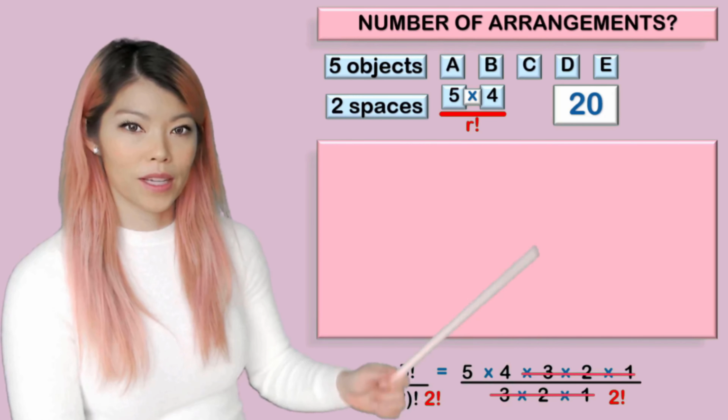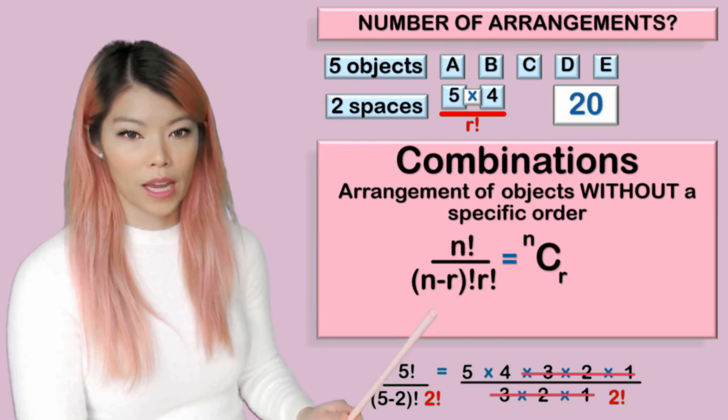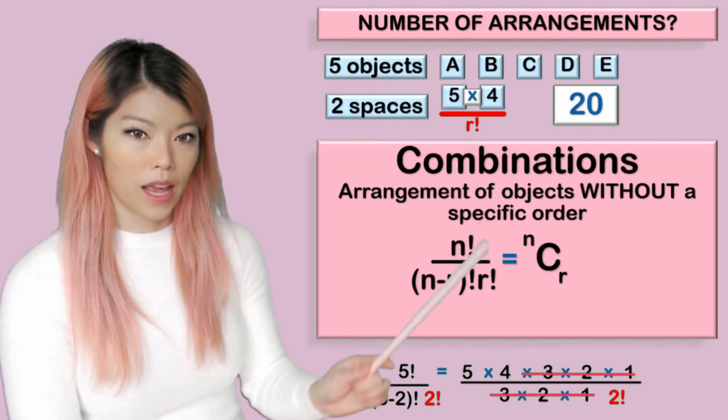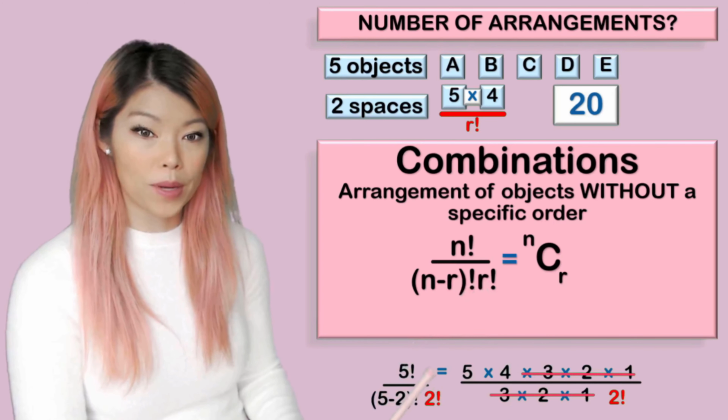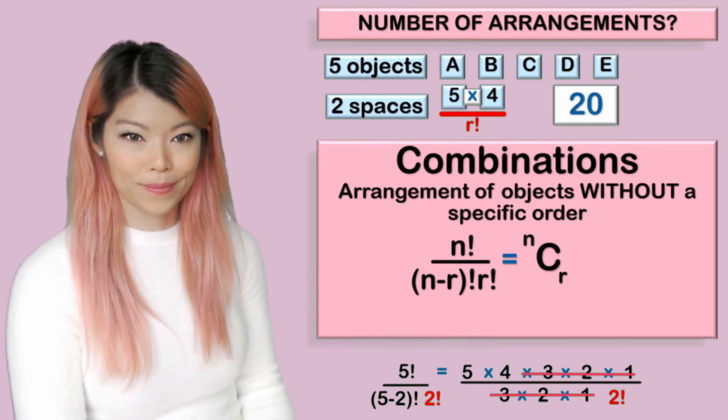And today we're looking at combinations. This is like permutations, but we don't care about the order. So now we have an extra r factorial in the denominator to eliminate the different orders.